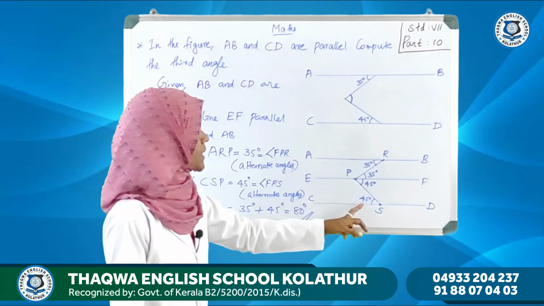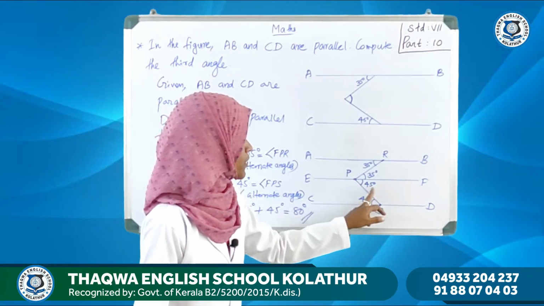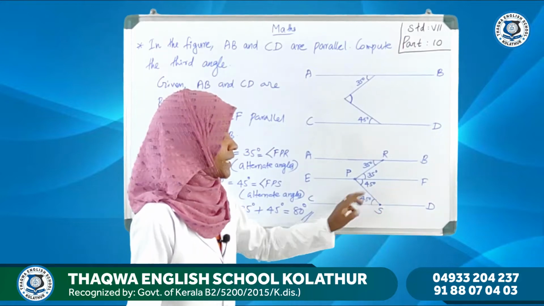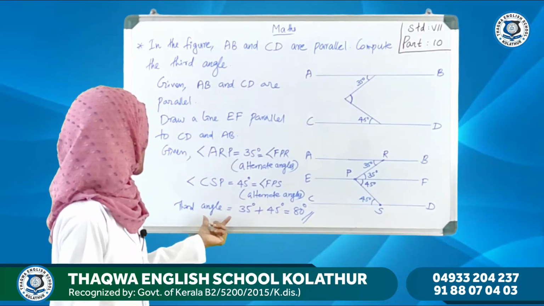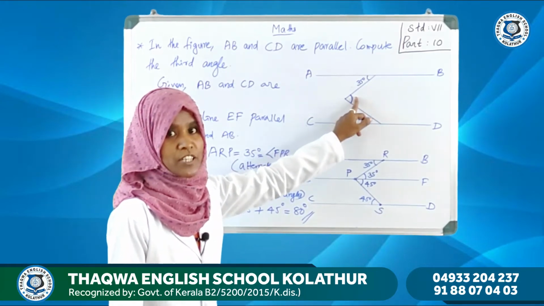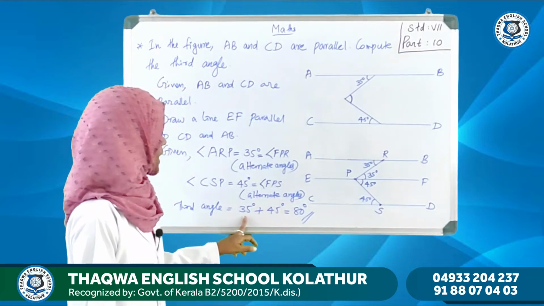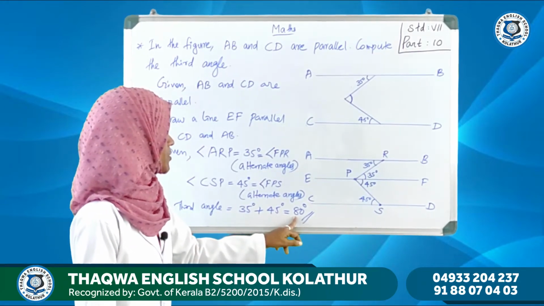So angle FPS or SPF is also 45 degree. They are the alternate angles. Okay. The next, you have to find out this marked angle. What is the measure of this angle? 35 plus 45, that is 80 degree.